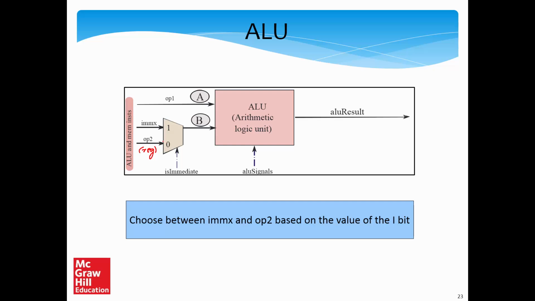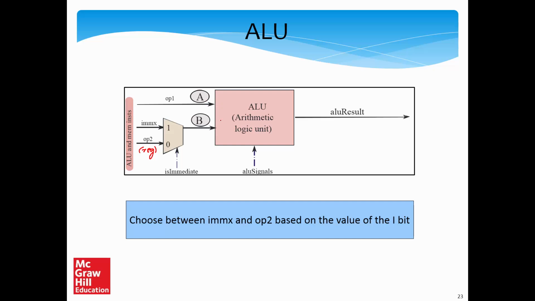We need to choose between them for the second source, either a register or an immediate. This is done with the help of the isImmediate signal, which is again generated by the control unit. One of them is chosen and used as an input to the arithmetic logic unit.